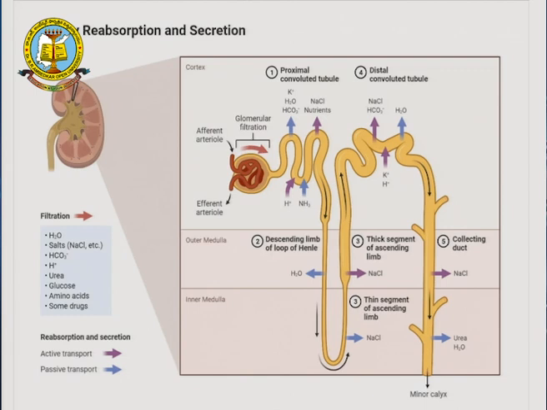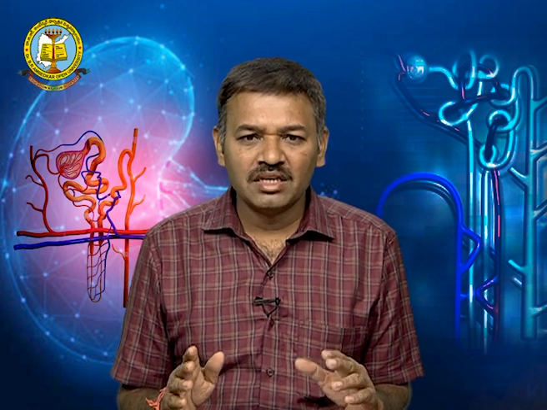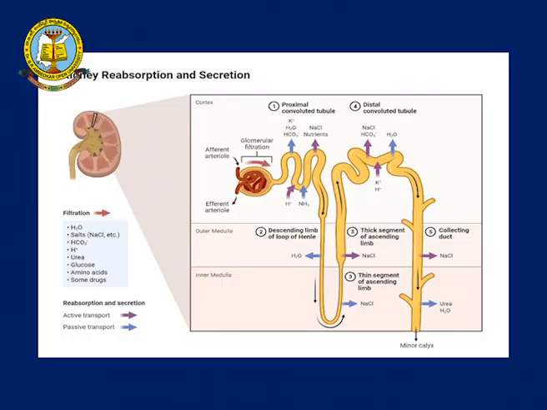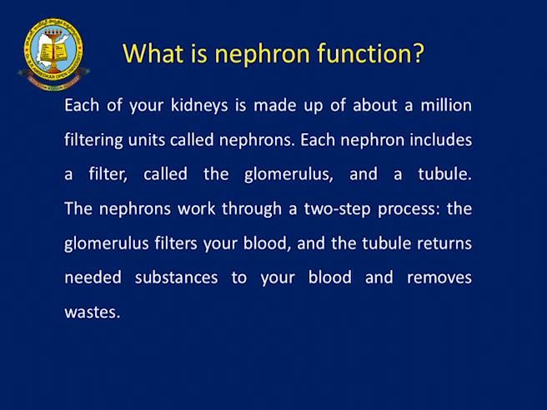In human beings, the filtration is 150 liters per day in men and 180 liters in women. Only 1% becomes concentrated urine, and 99% of the substance is reabsorbed by the nephron. So, what is the nephron's function? Each of your kidneys is made up of about a million filtering units called nephrons. So, millions of nephrons are present in the kidney.